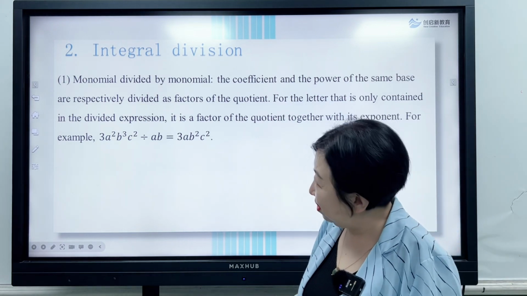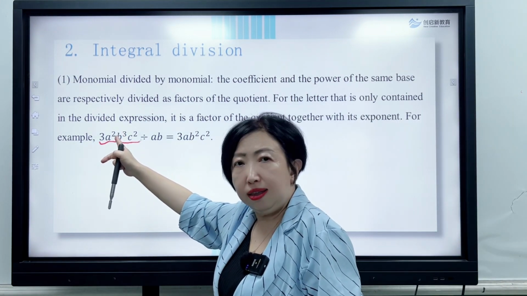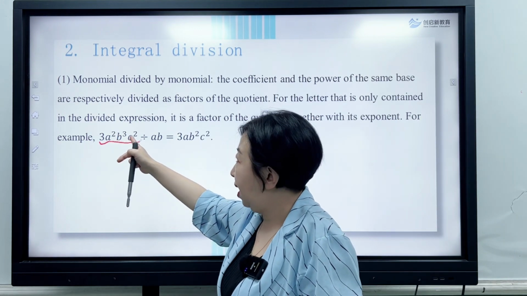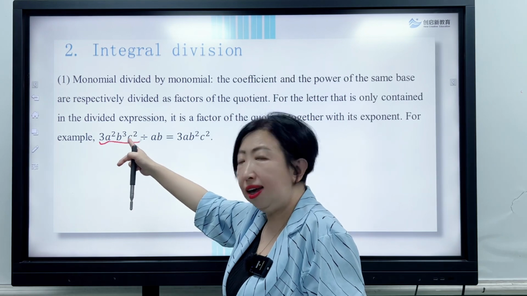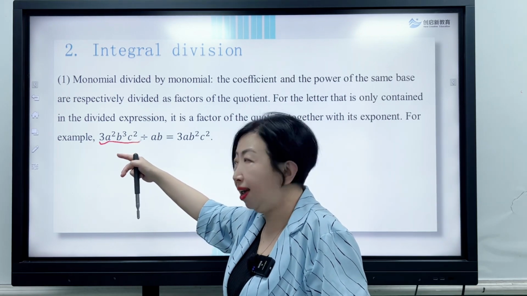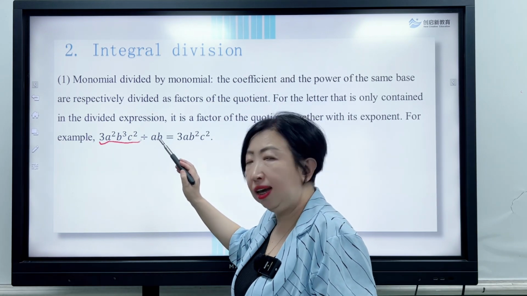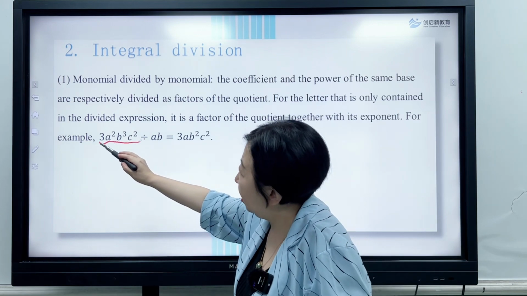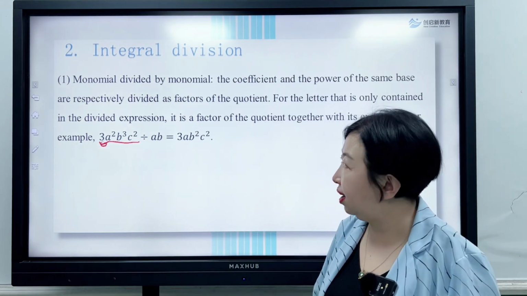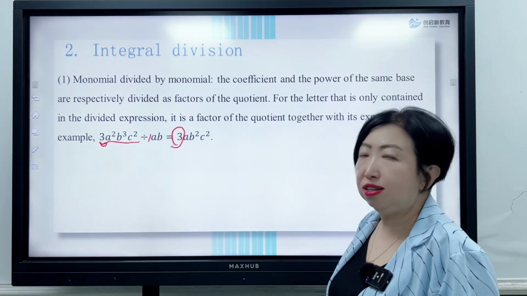For example, 3 times a squared times b cubed divided by a times b. Here the coefficient is 3, and the other coefficient is 1, so the coefficient is 3.